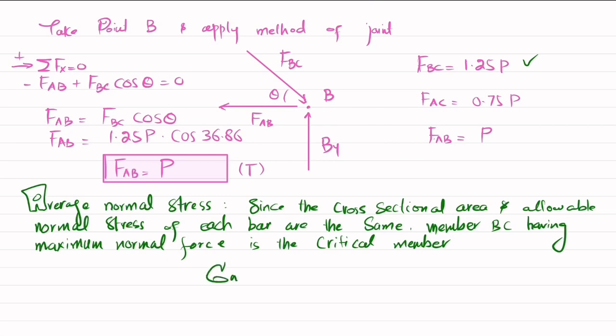We know that the allowable average normal stress is equal to FBC, because this is the maximum, divided by area.